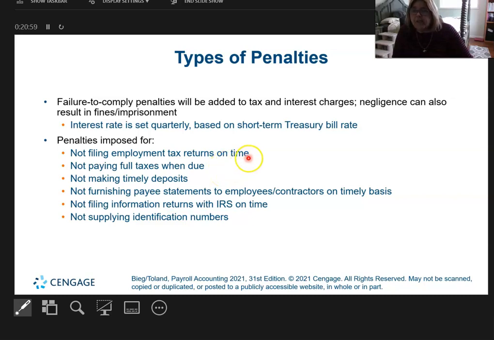Okay, for not doing it on time, not paying the full amount of taxes, not making them in a timely manner, not providing information to them, such as your employer has to provide your W-2 no later than January 31st. If they don't, they can actually be penalized for that. So there are lots of penalties as an employer for not doing what you need to do.